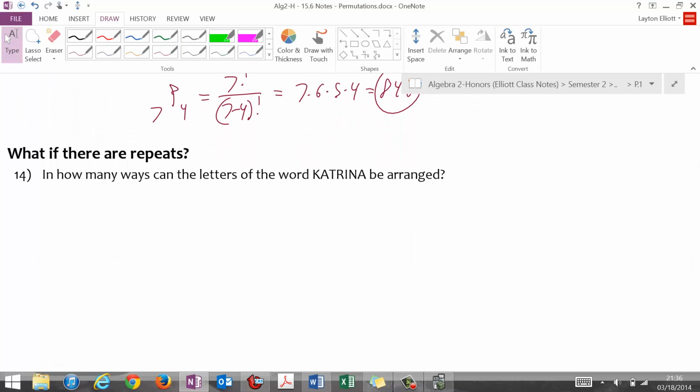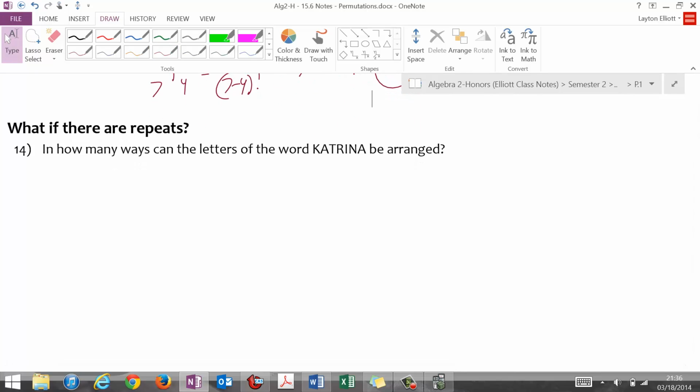So what if they're repeated letters? Remember, we kind of said they're all different. Well, sometimes they might not be different. Like in the word Katrina, I have 2 A's. I'm going to start with the number of letters in Katrina. There are 7 letters. And if they were all different, then it would be 7 factorial. Now, because the A's are similar, I have to divide out the repeats.